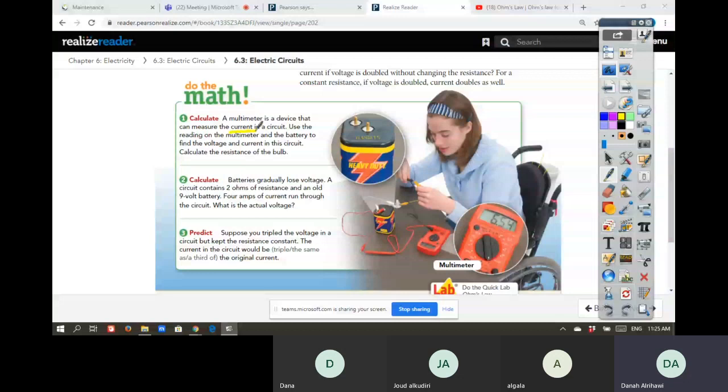Use the reading on the multimeter and the battery to find the voltage and the current. So they need the voltage and they want the current in this circuit. Calculate the resistance of the bulb. Now this is the multimeter. I measured here.